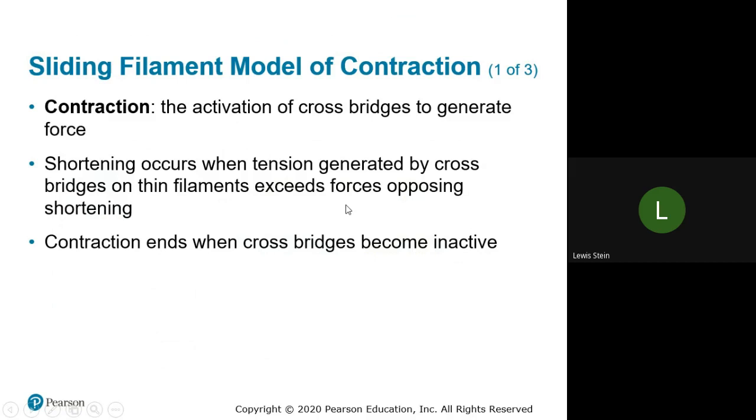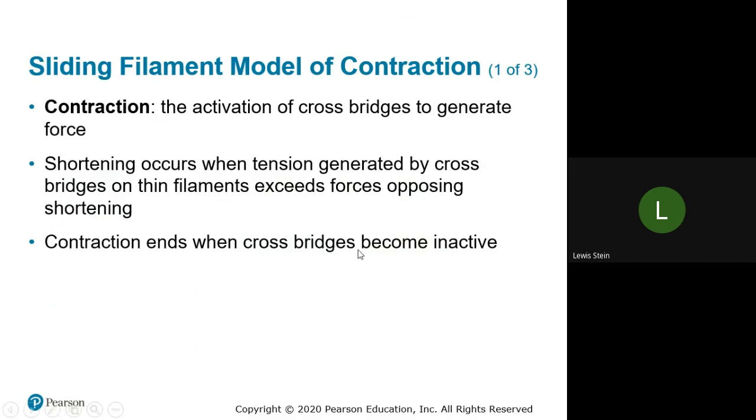All of this serves to activate the sliding filament model of contraction in a phenomenon called excitation-contraction coupling, that voltage excitation leading directly to contraction, a wonderful energy transduction from electrical to mechanical energy.